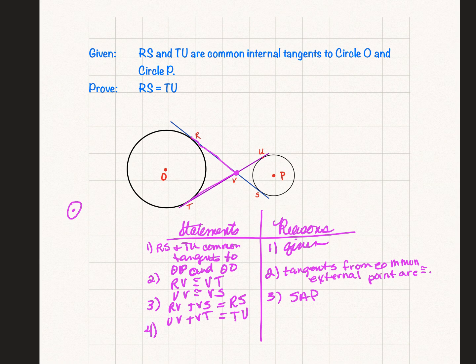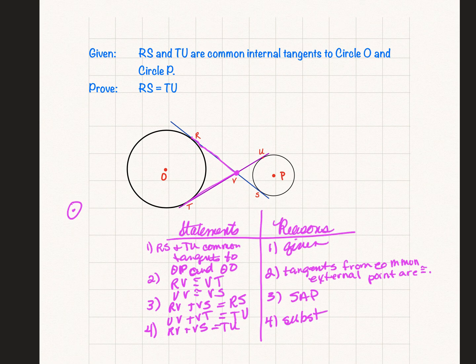Then I'm going to do a little substitution thing where, because I know RV equals VT, and I know UV equals VS, I'm going to say that RV plus VS equals TU. And I can say that by substitution.